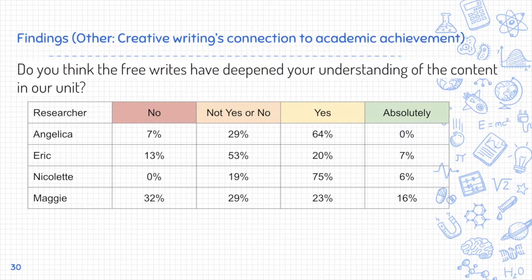In fact, they're nearly identical, with the exception of Angelica's students responding more indifferently rather than negatively, and Maggie's students switched from more indifferent responses to an increase in content understanding. So hers shifted to more yes and absolutely votes. So we saw a positive increase in student responses towards understanding the content.